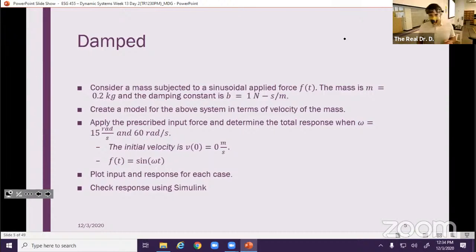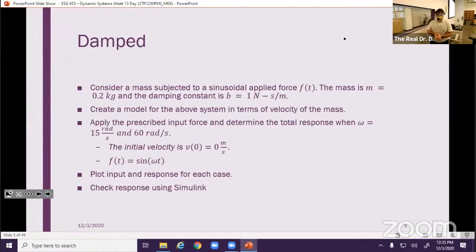Consider a mass being subjected to a sinusoidal force input. The mass has a mass of 0.2 kilograms. The damping constant B is 1 newton second per meter.